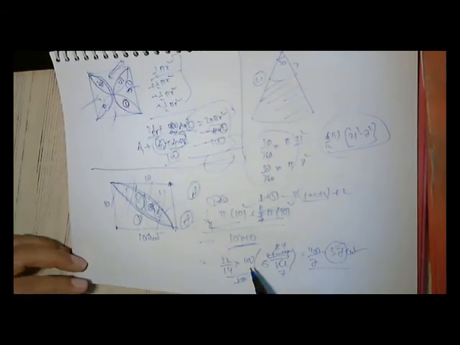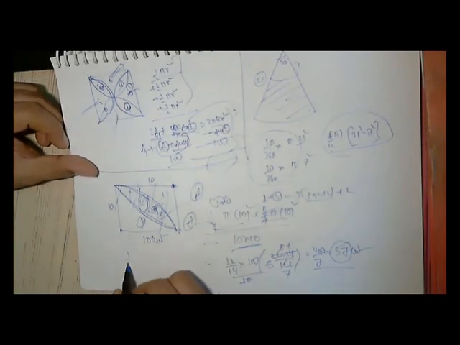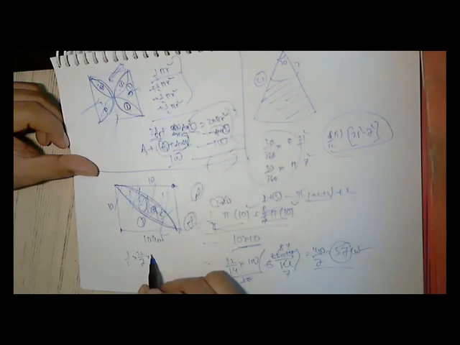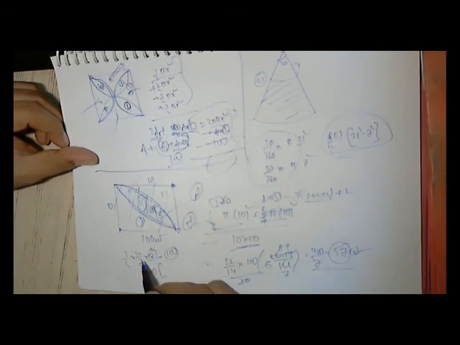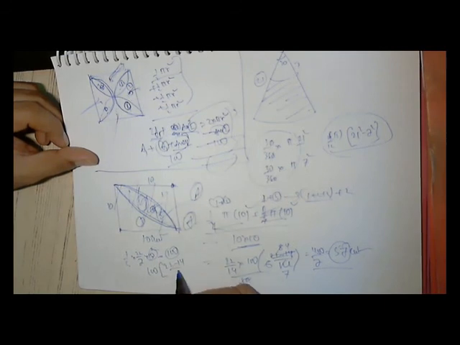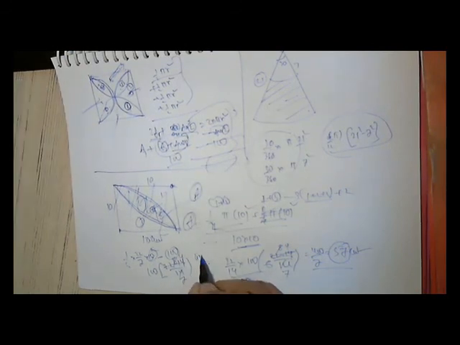Did I get it correctly? Let me check again. This is half pi r square, half into 22 by 7 into r, which is 10. 1/4 plus 1/4 becomes half, minus 100. So this 100 I am taking out. 22 minus 14 by 14, minus 1 is 8. 2 4s, 2 7s, 400 by 7.